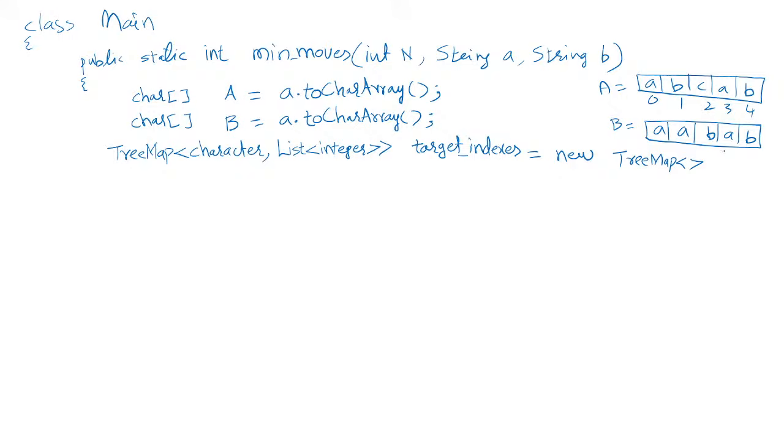And within the parentheses, you specify whether the elements must be arranged in descending order or ascending order. When you are storing, the elements must be stored in descending order. For that we have a collections module, and in the collections module there is a method called reverse order.